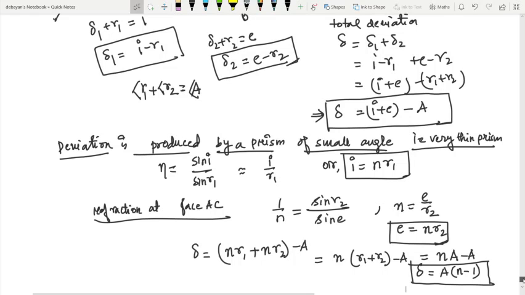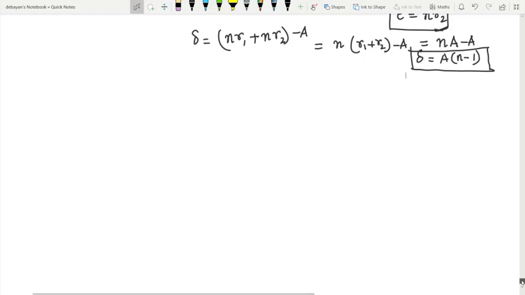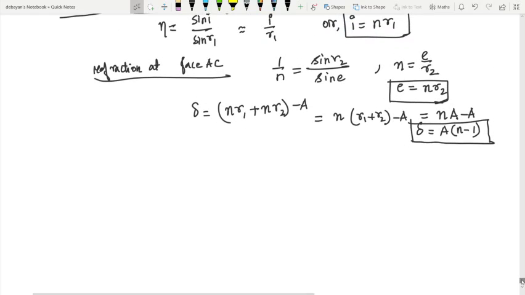Now, that is one of the important formulas.